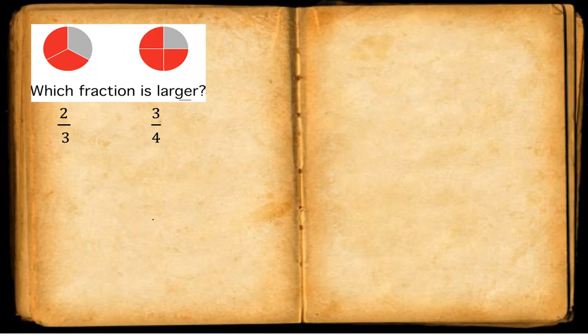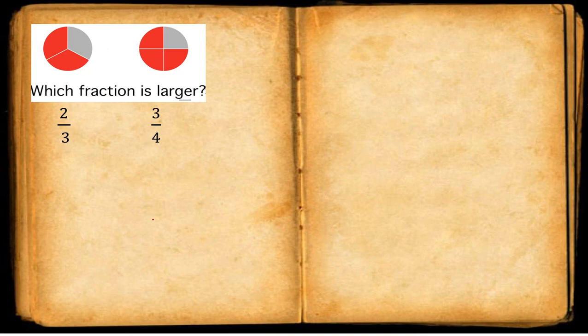So for this, as earlier I told that you have to observe the denominators are same or not. When the denominators, that means number of parts in the fractions in the place of denominator are same, then only we can compare the two fractions.